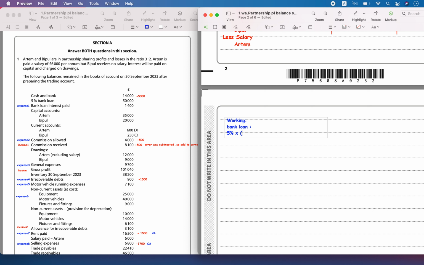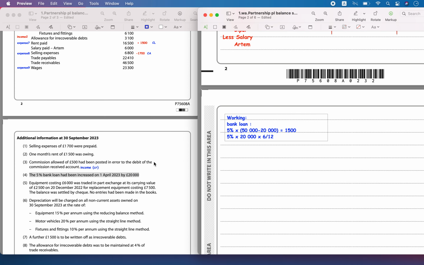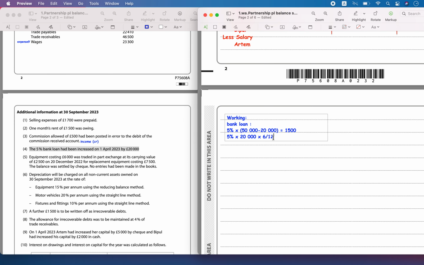5% of the bank loan. What was the earlier one? 50,000 minus 20,000, because it had increased by 20,000 only from April. So earlier it must have been 30,000. For the entire year, that is equal to 1,500. Now the increase alone I will calculate for the 6 months, 6 by 12, at 20,000.